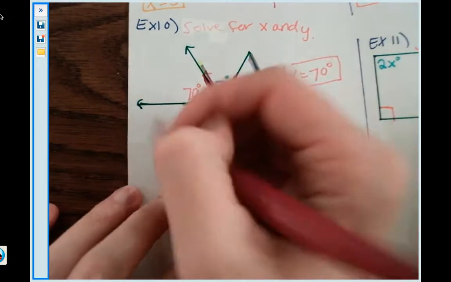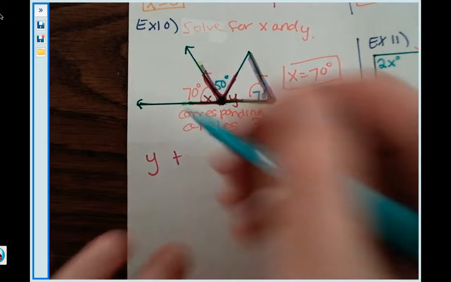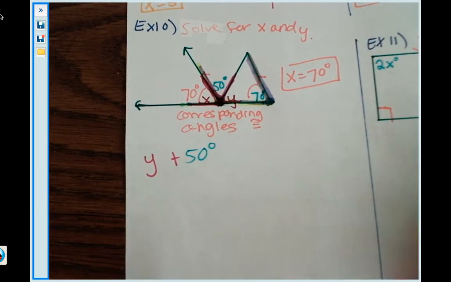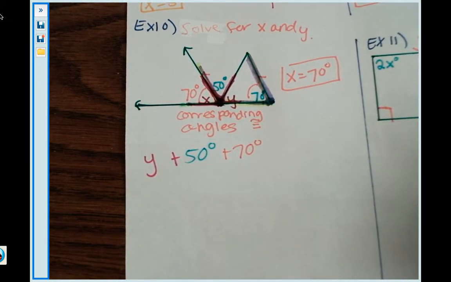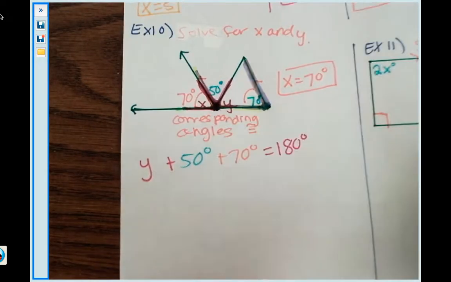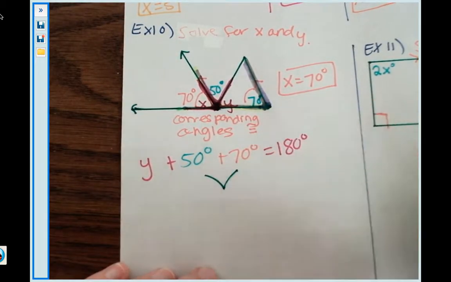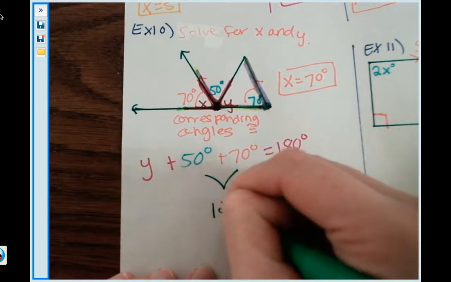So to get Y, I do Y plus my 50 degree angle plus my X angle, which is 70 degrees, and they should all add up to be 180. That's going to help me find Y. Let's start combining like terms. My 50 and my 70 are like terms, and 50 plus 70 gives me 120 degrees.